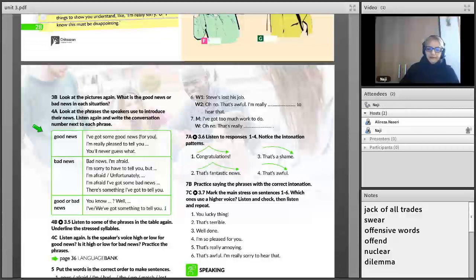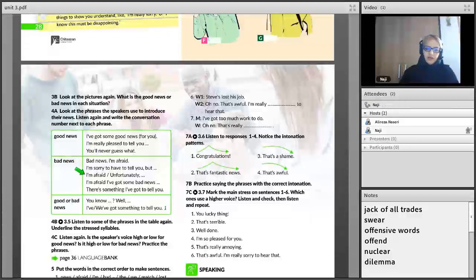Okay. Number one is for you. The last one, we've got something to tell you, is number 1. Number 2, in part of bad news, I'm sorry to have to tell you, but blah blah blah. This one is number 2. Number 3 is this one. You'll never guess what. Number 4 is this one. I'm afraid I've got some bad news.